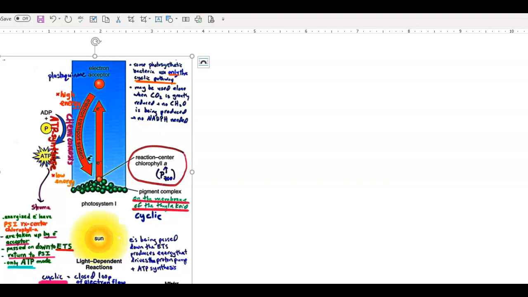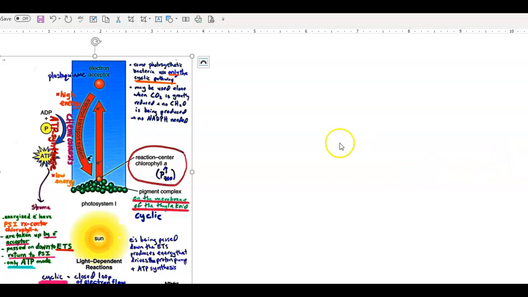So we're producing a concentration gradient of hydrogens, a lot of hydrogens inside the thylakoid and just a few in the stroma. That concentration gradient is going to power ATP synthase to make ATP.